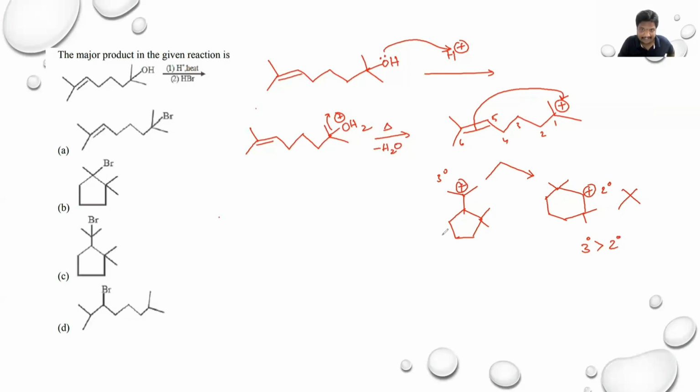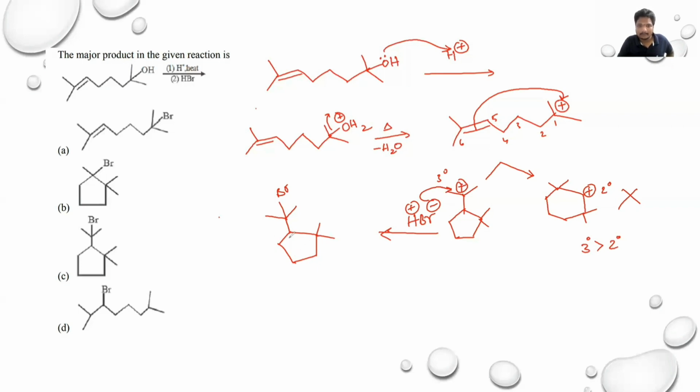This cyclic product will react with HBr, H plus and Br minus. The Br minus will attack over here, and you will get the product like this.